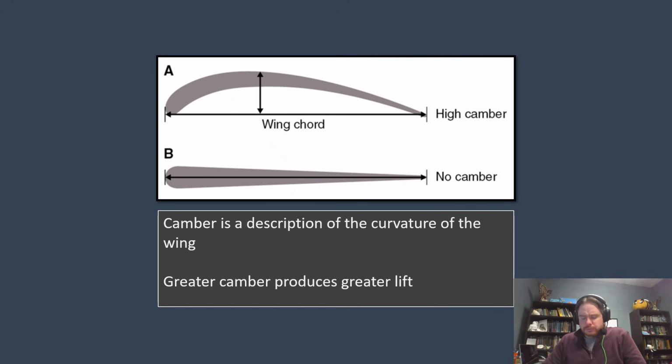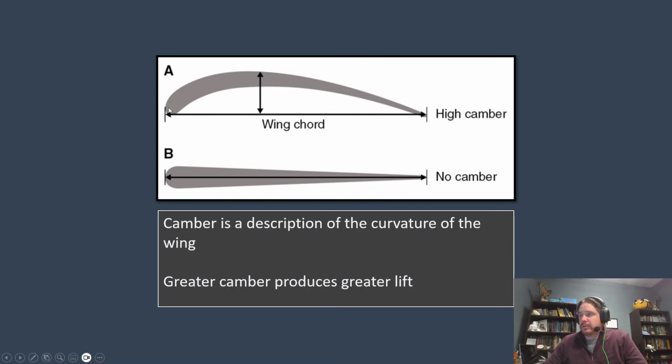Another really important factor in determining how the wing functions is something called camber. Camber is sort of a description of the curvature of the wing. If the wing chord is the flat line distance from the front leading edge of the wing back to the tips of the remiges, the wing camber is a measure of the arc of the wing over that wing chord.